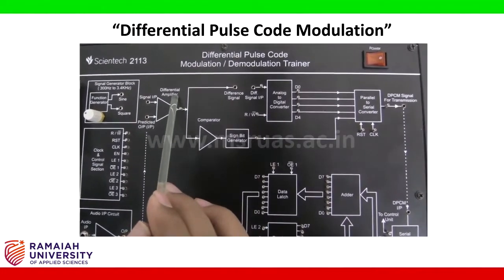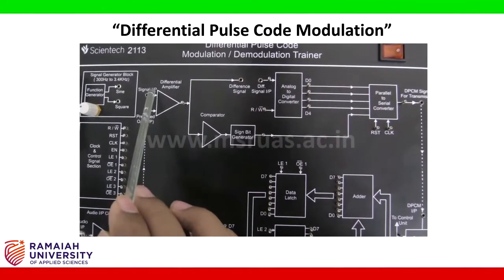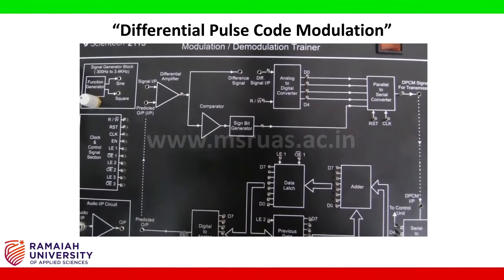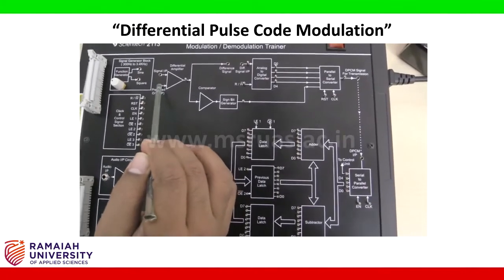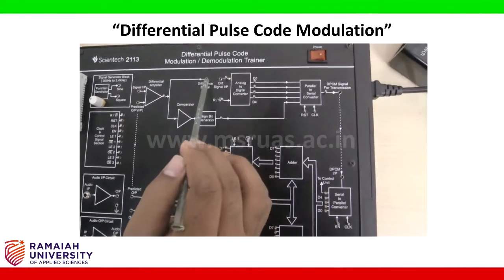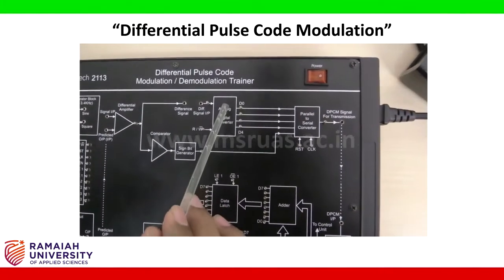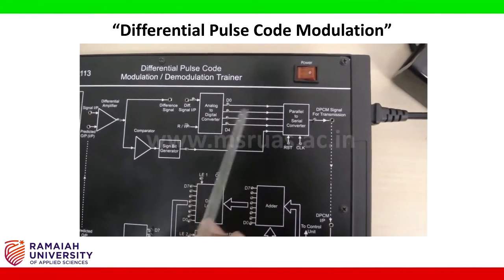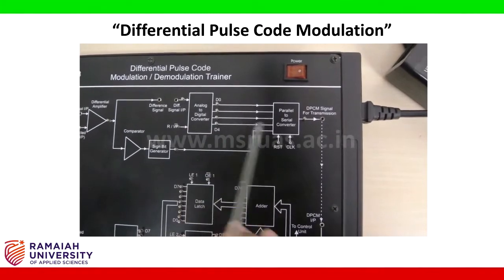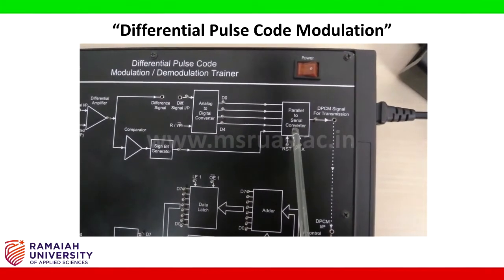Then there is the differential amplifier, which has the input signal as well as the feedback from the predictor output. The difference signal will be fed into the analog to digital converter. The output of the analog to digital converter is fed into the parallel to serial converter.